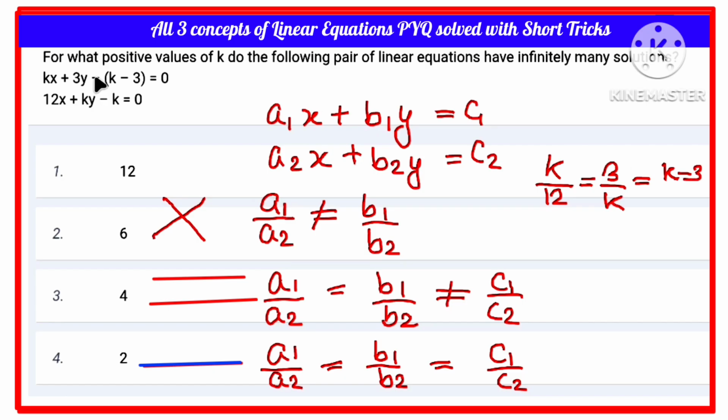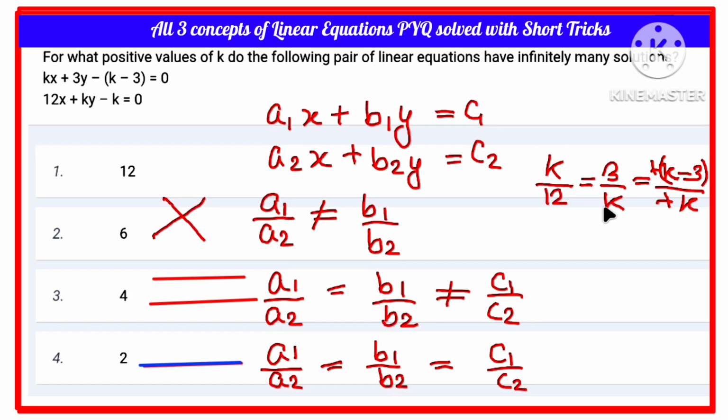Don't forget to mention this minus, divided by minus k. This minus and this minus will get cancelled. You just consider these two first and let us find out whether we can get our answer or not.